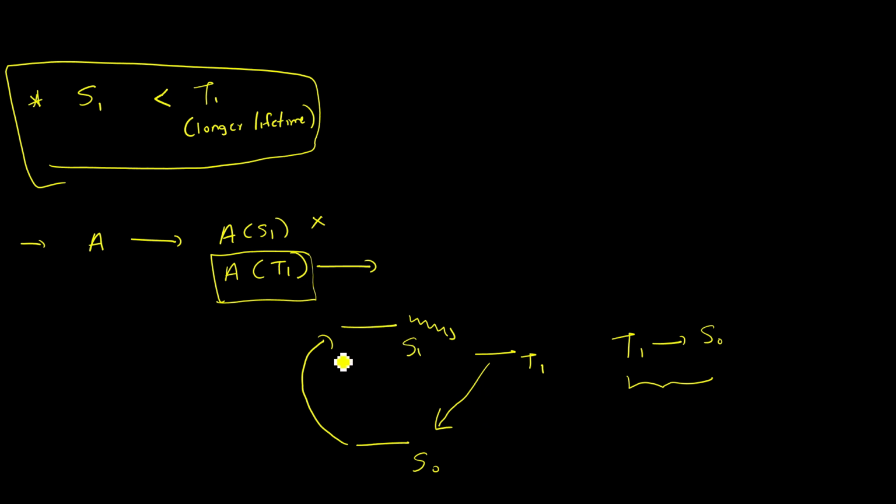But when you have the S1 or singlet excited state, right? It will come down to the ground state, S1 to S0 relaxation. This is more prominent and more efficient. Why? This is spin allowed. This is spin allowed, and that is spin forbidden.